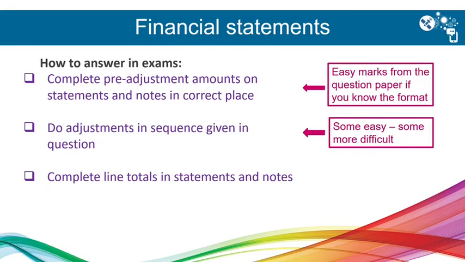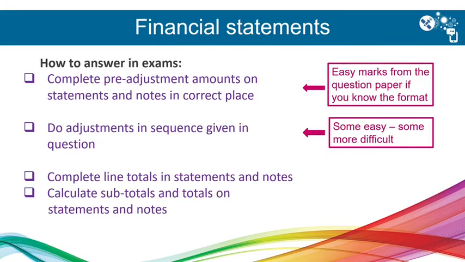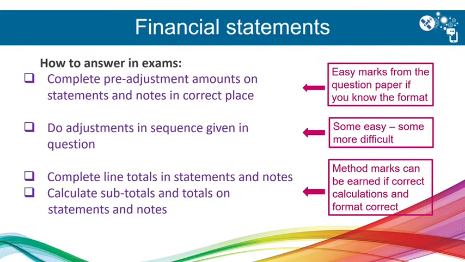Then you complete the line totals, you add up, and then you calculate the subtotals and the totals on the statement and the notes. And here you can earn a lot of method marks if you've calculated it correctly and if you know your format and the format is correct. Then you can earn a lot of method marks, specifically on the statement of financial position.